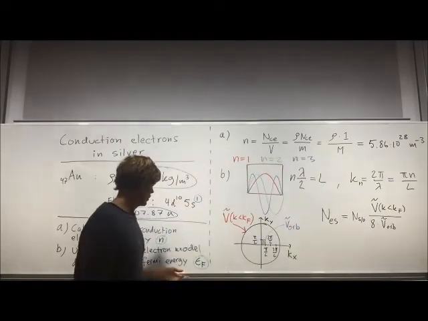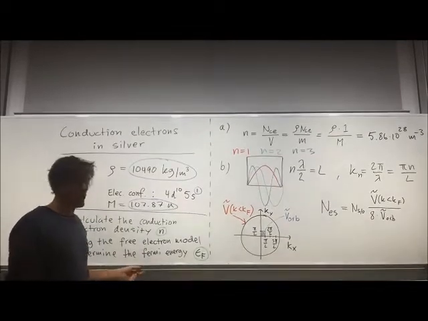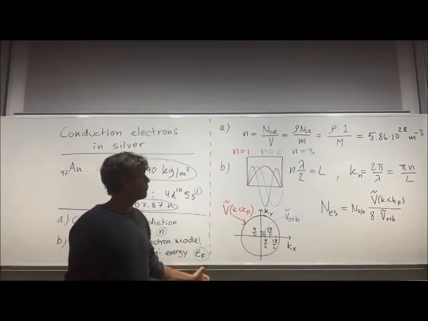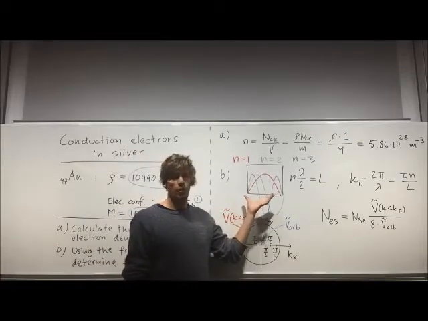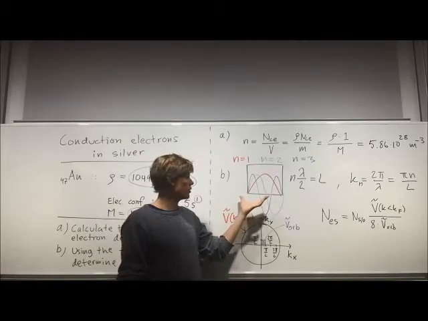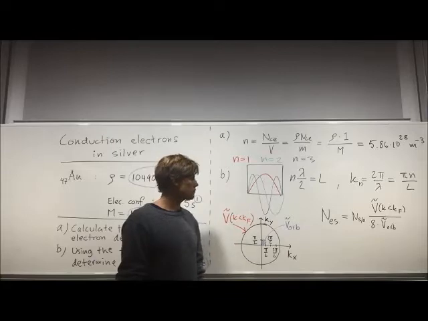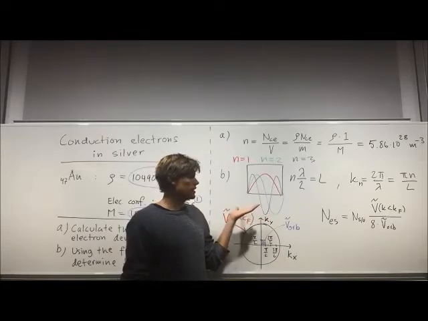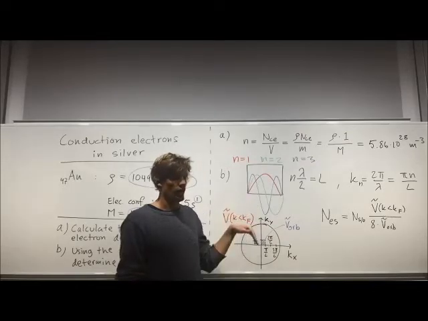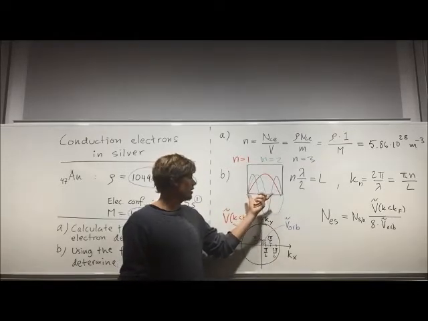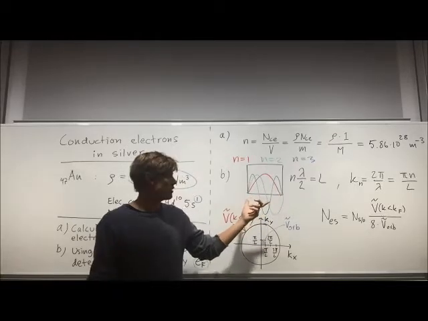So, in terms of the Fermi energy, we'll use the fact that electrons in a box would basically correspond to standing waves in a free model. And we basically can use the argument that electrons are waves, and they have a certain wavelength as well.